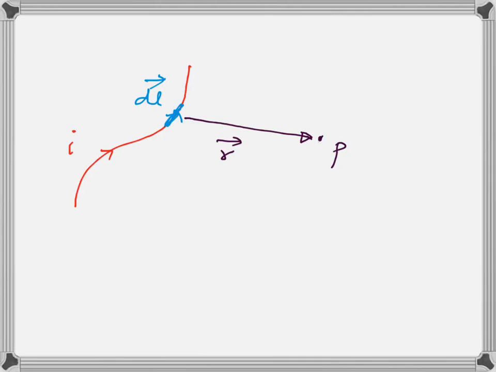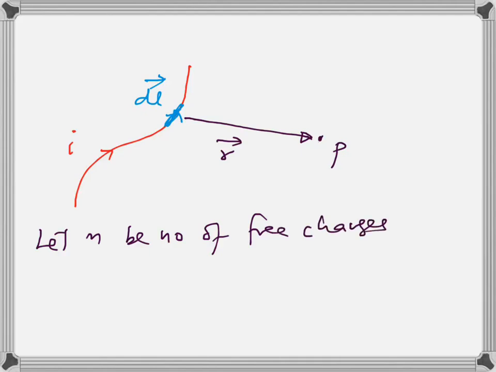So this wire, obviously it's a metal wire, so let n be the number of free charges. What are the free charges in the wire? Electrons only, but we can assume positive charges also for the sake of convenience. Let n be the number of free charges per unit volume in the wire.